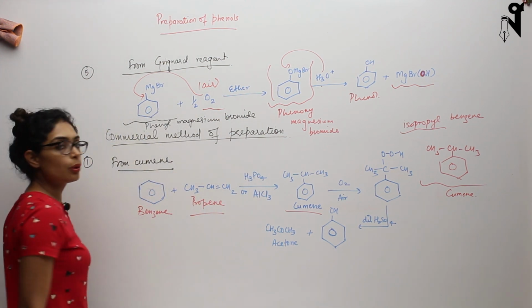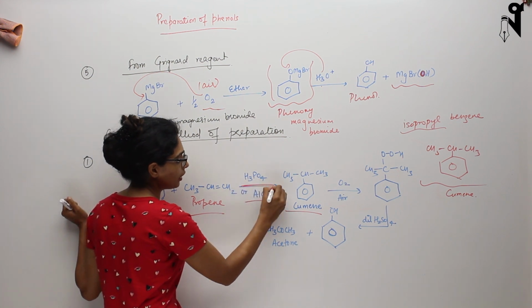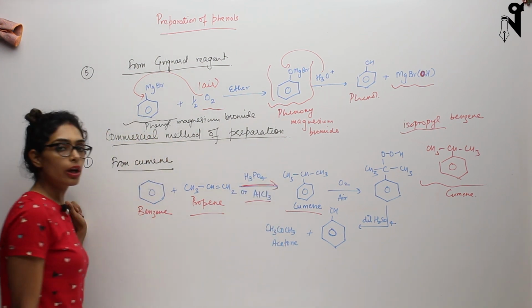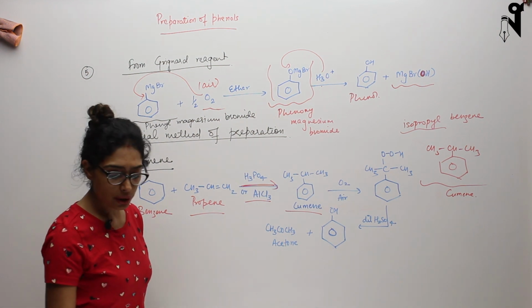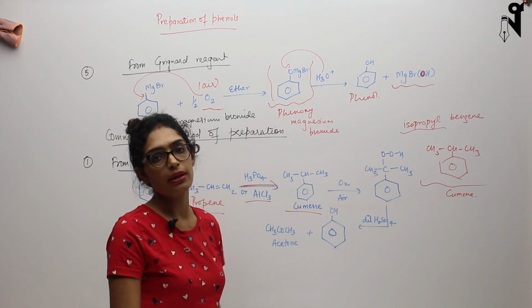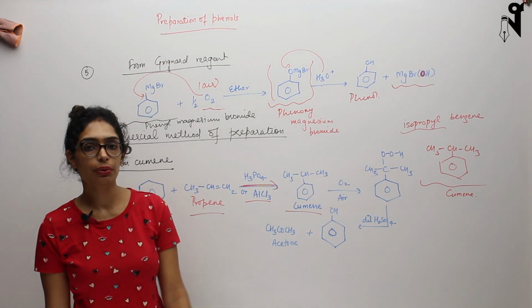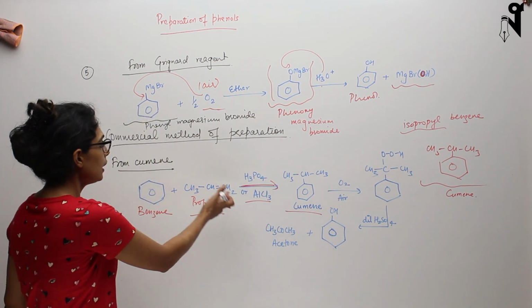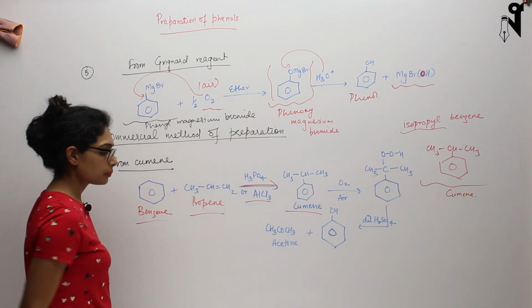Now this benzene and propene will be reacted together, or heated together, in the presence of H3PO4 or AlCl3. AlCl3 generally helps in isomerization and those processes where rearrangement of carbon atoms can happen and one form of a compound can get converted into another form. So this also helps in adding this propene chain on top of the benzene.